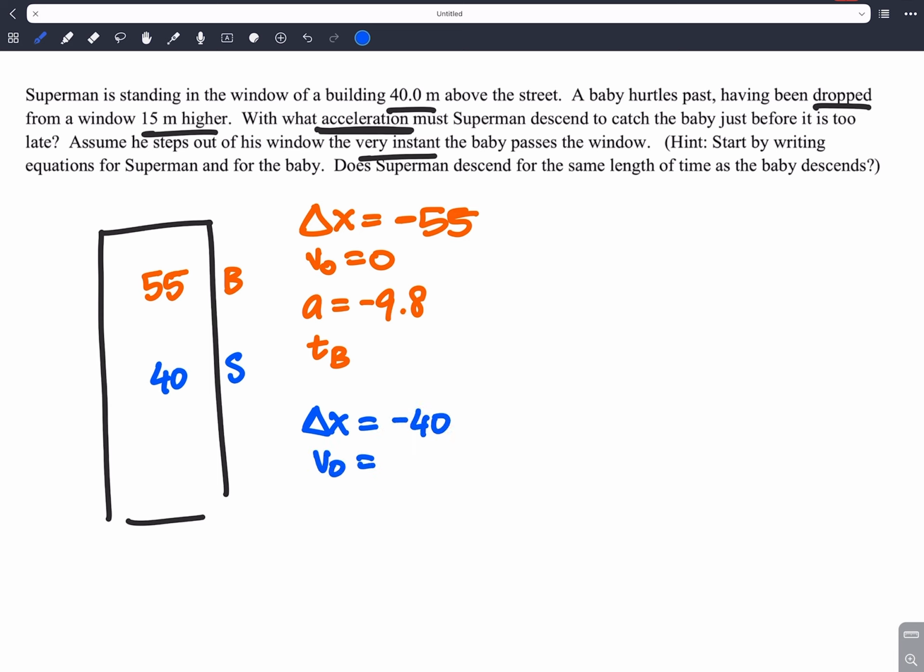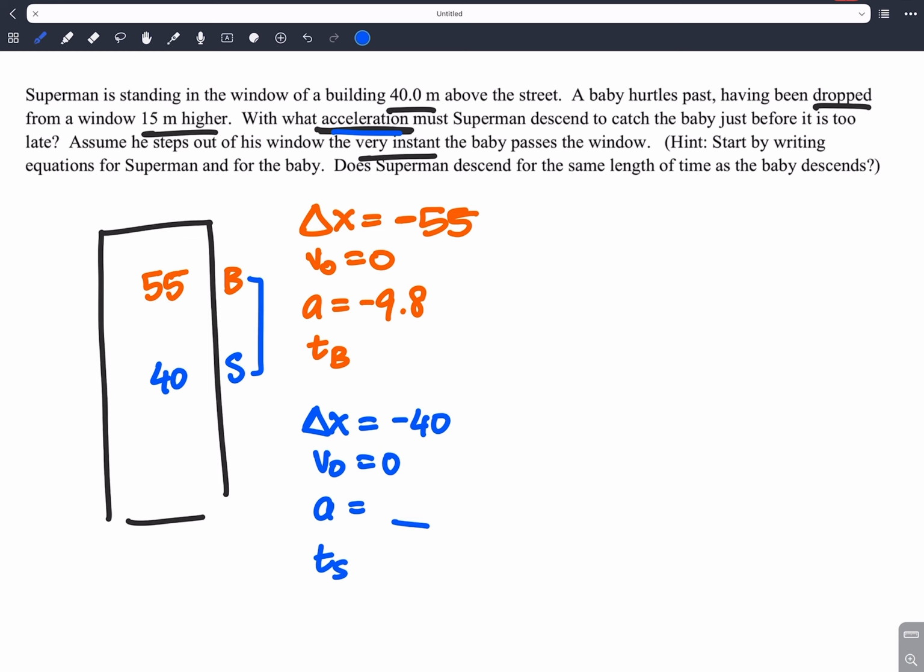Initial velocity for Superman is also 0. Acceleration, we have to figure out. And then time for Superman is just TS. Now, the problem says that Superman steps out of his window the very instant the baby passes the window. So let's figure out the time for this distance.